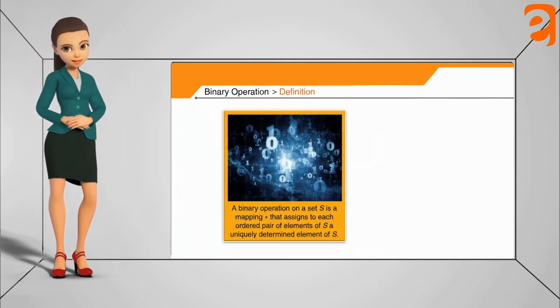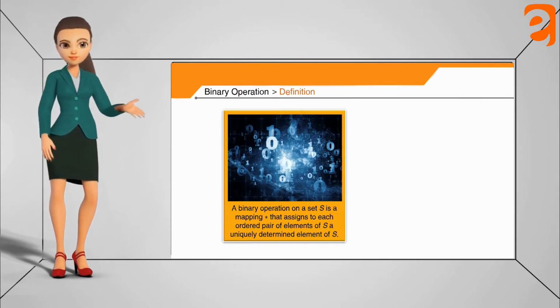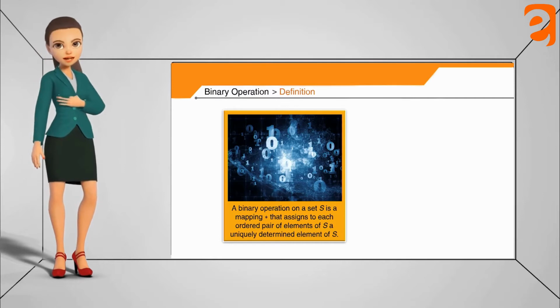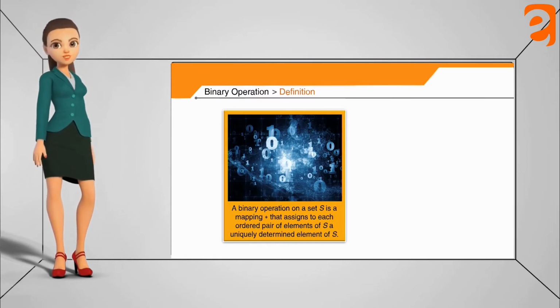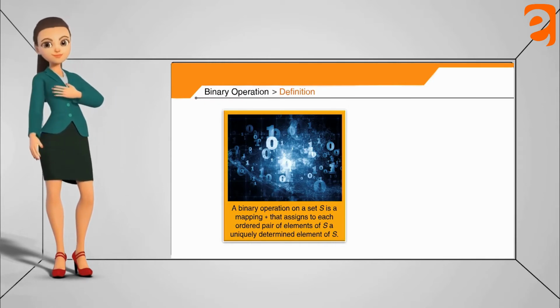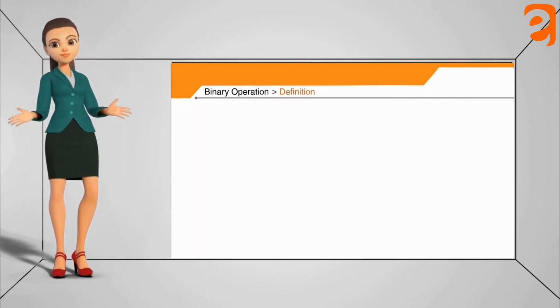So let's look at the proper definition of a binary operation. It says that a binary operation on a set S is a mapping star that assigns to each ordered pair of elements of the set S a uniquely determined element of S. This means that the result should also be an element of the set S and it should be unique.